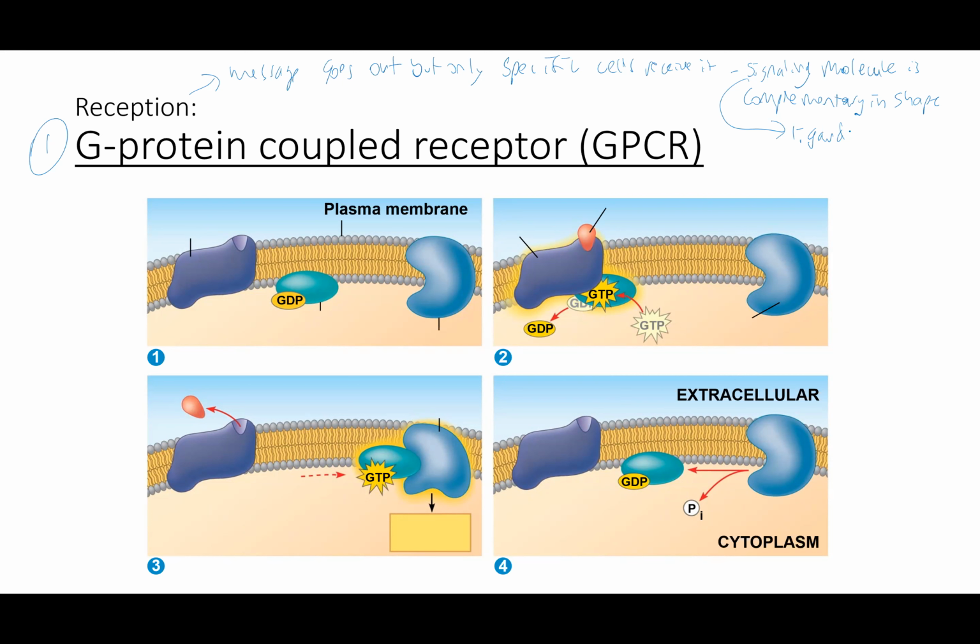When the ligand bonds, it changes the shape. This is kind of generic signal reception. We're going to get to the GPCRs in a minute. So that binding triggers some kind of change of shape in the receptor, which is a protein. And that change in the protein is going to activate it.